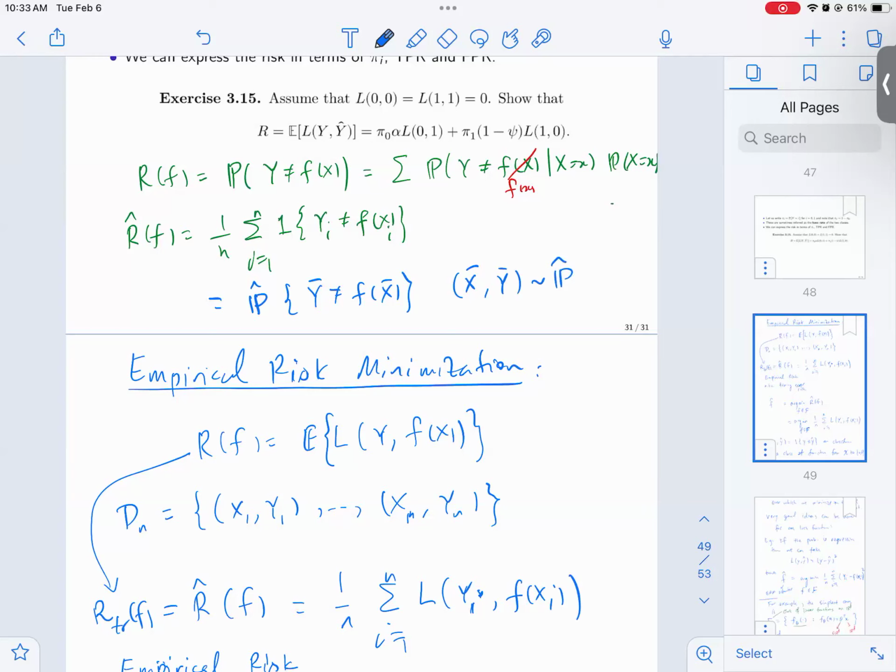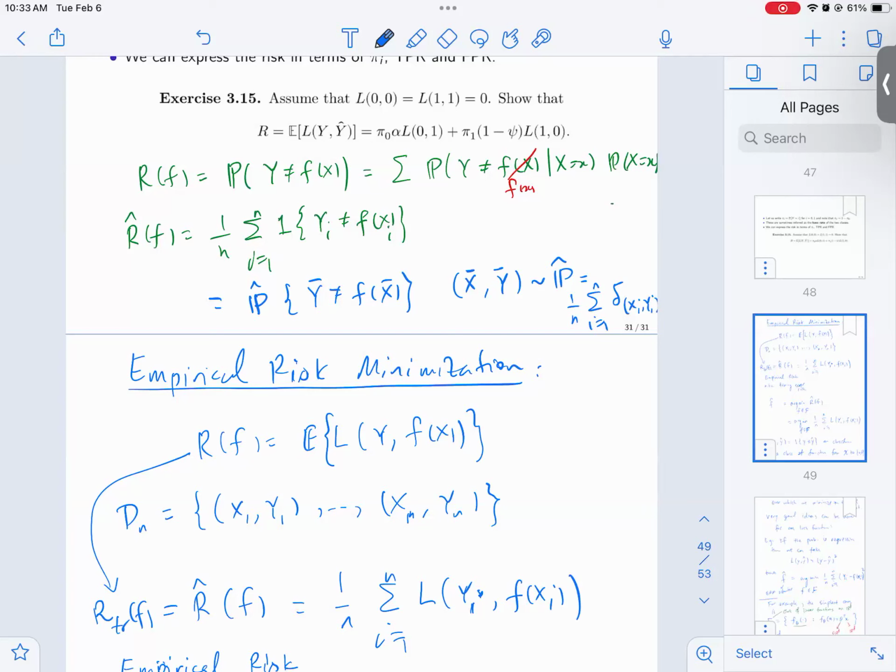This is a little bit abstract, but this P hat is the distribution that puts uniform mass on the training data. So if I want to write it in the language of measure theory, it's 1/n sum i from 1 to n, delta x_i y_i. Delta x_i y_i is a point mass, right?